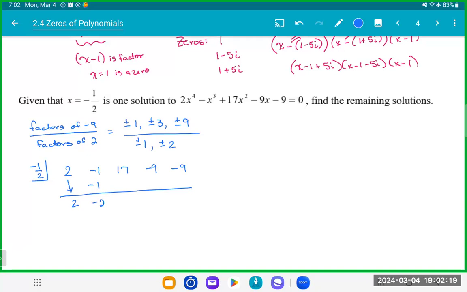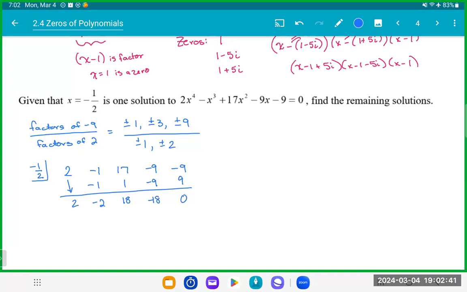That gives me a negative 2. Negative 2 times negative 1/2 is 1. 17 plus 1 is 18. 18 times negative 1/2 is negative 9. That gives me a negative 18. Negative 18 times negative 1/2 is a positive 9.